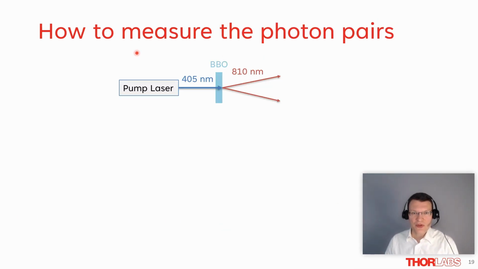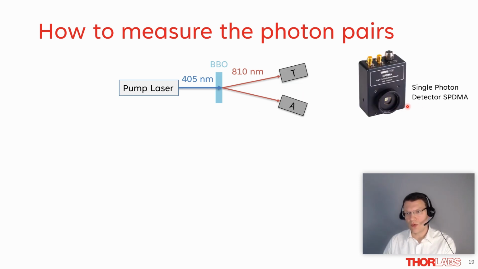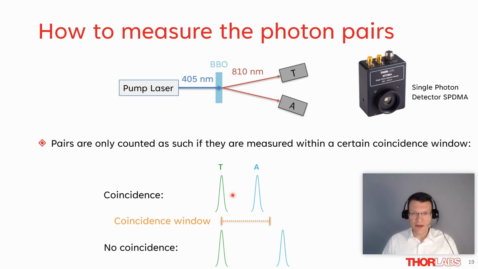Now, this is something that you've seen before. This is our little sketch. The way that we're measuring this, as I said before, is with single photon detectors, but the question has to be asked: how do I identify a pair? That's simply done by timing. If my detectors T and A click within a certain coincidence window of just a few nanoseconds, then I'm counting this as one event.